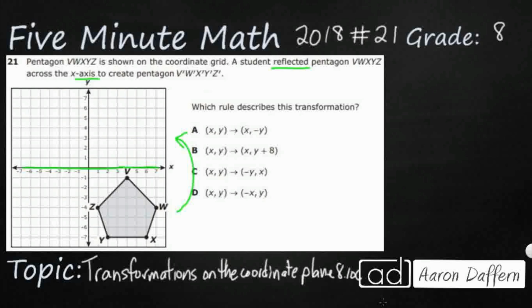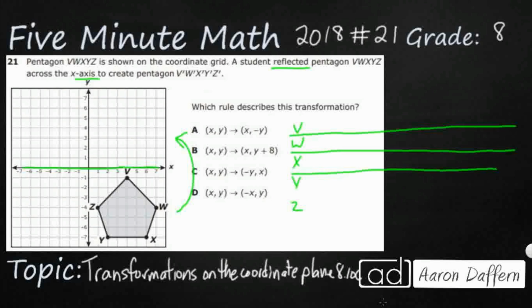So if we want to take our x, y, we've got v, w, x, y, and z. And so let's just plot some of these and see which ones go up across that way. So the original xy, let's just grab that real quick.